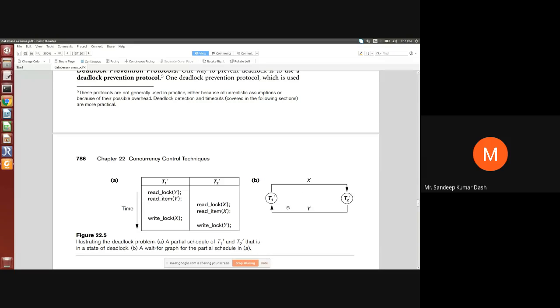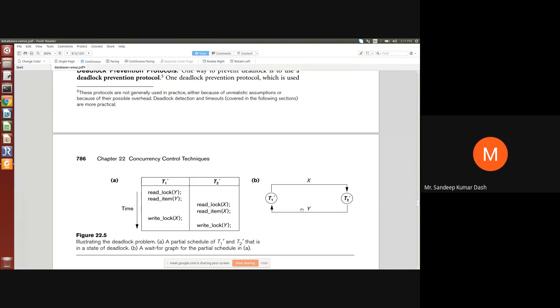You can detect this using a graph, that is a deadlock graph. In OS also this concept is there, to draw a graph so that it is easily detected whether there is a deadlock or not. If there is a cycle, there is a deadlock. T1 is requiring X, which is held by T2.